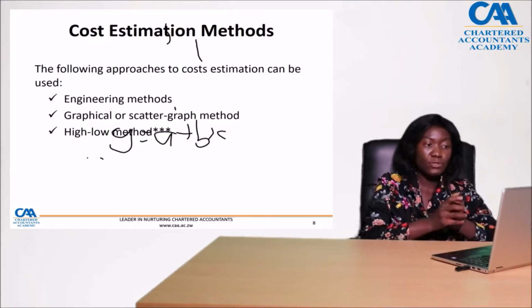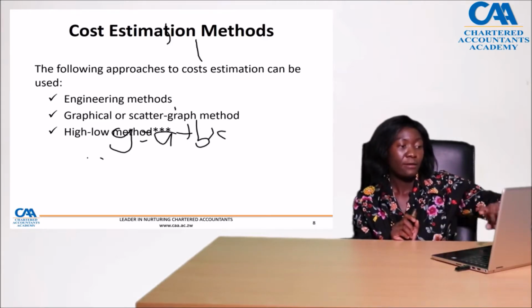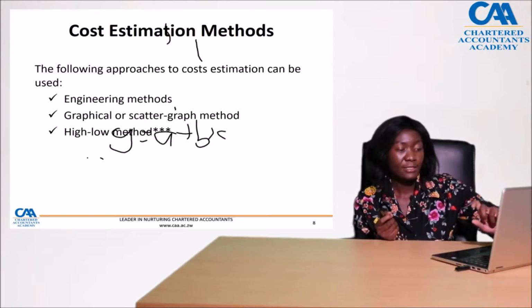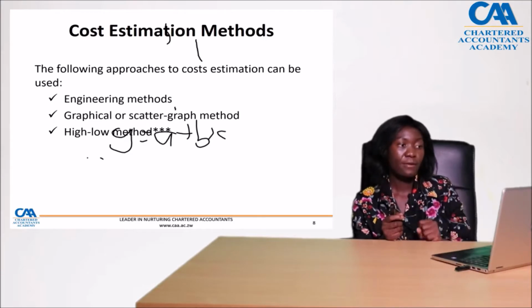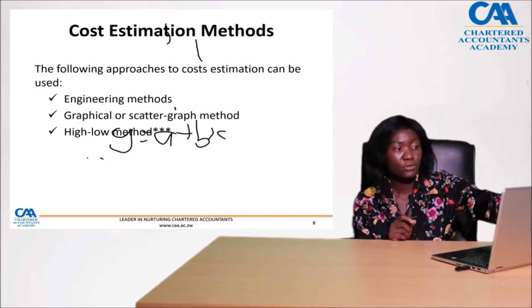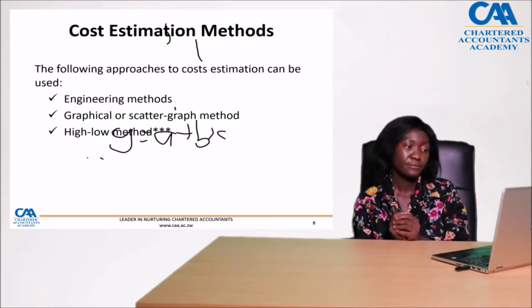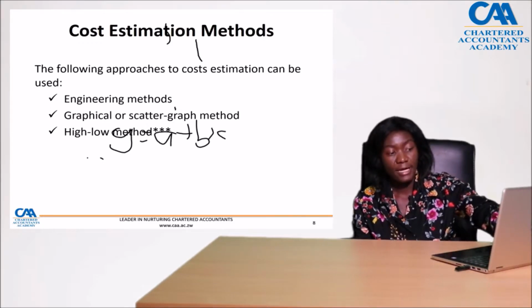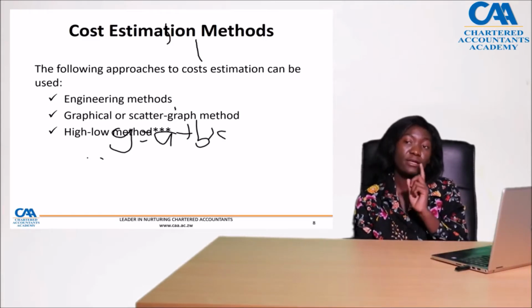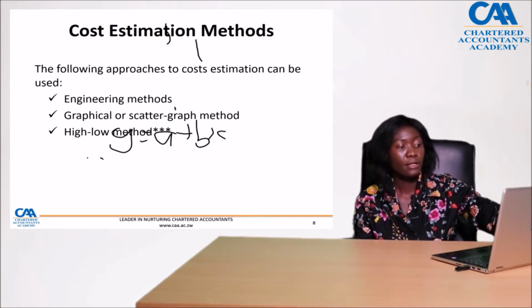From there, I can now calculate my fixed cost. If I pick the 12,000 units from a total cost of 276, and variable cost per unit is 8, 12 times 8 gives me how much? Less the total, I get a fixed cost of 180,000. So that is how I determine the variable overhead rate using this equation, and the total fixed overhead cost by subtracting the variable cost from the total cost.